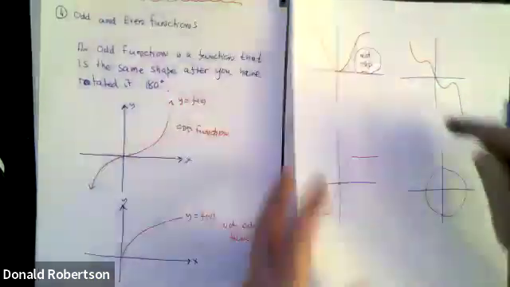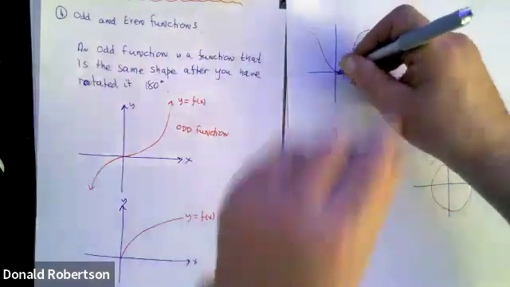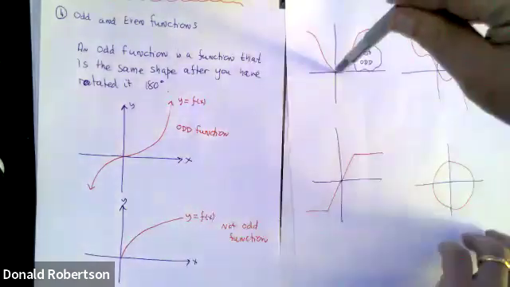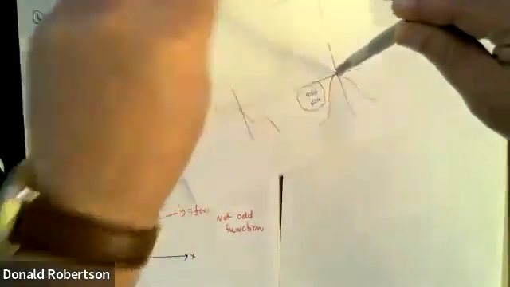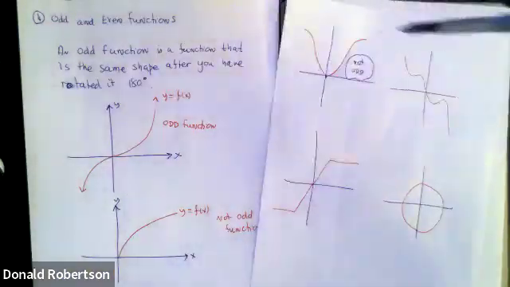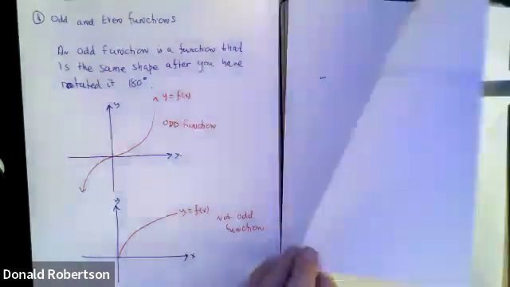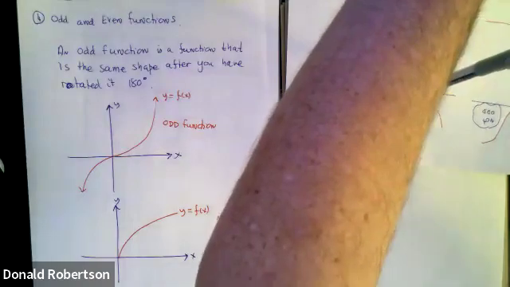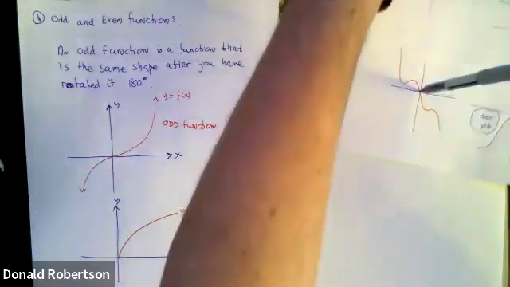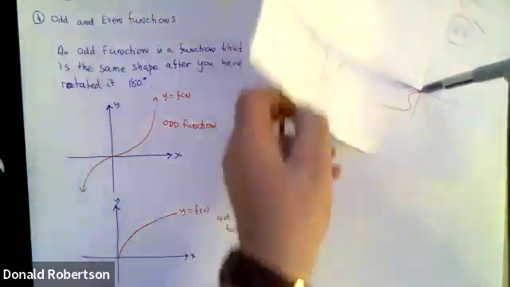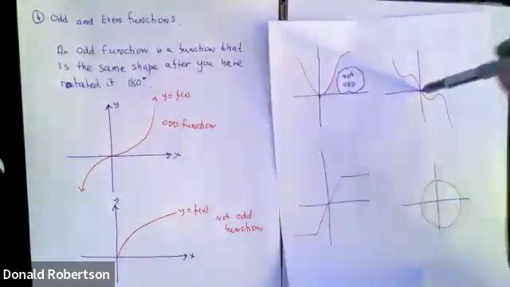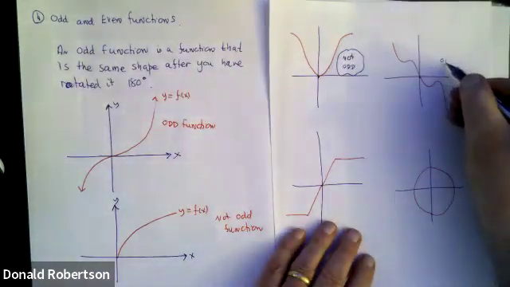If you take this shape and you rotate it at the origin 180 degrees worth, see it's upside down there. It's not the same shape. If you take this one on the other hand, and you do 180 degrees, same shape. So this is odd.